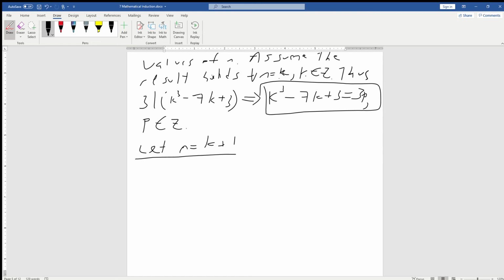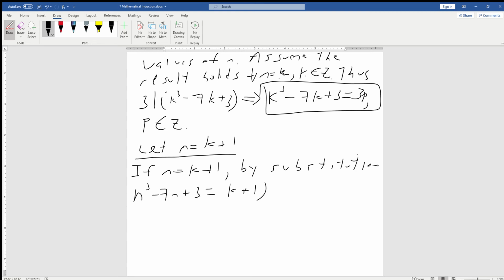So if n equals k plus 1, by substitution, n cubed minus 7n plus 3 becomes k plus 1 cubed minus 7 times k plus 1 plus 3.